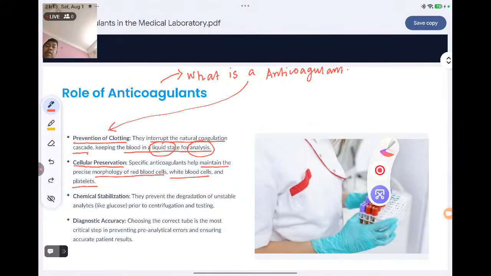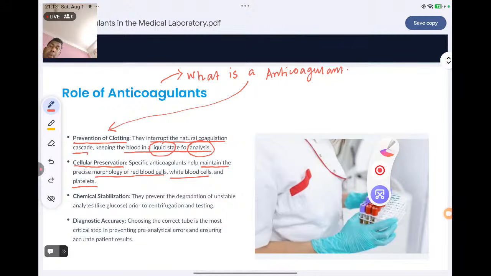Now anticoagulants also help in chemical stabilization. They prevent the degradation of unstable analytes like glucose prior to centrifugation and testing.